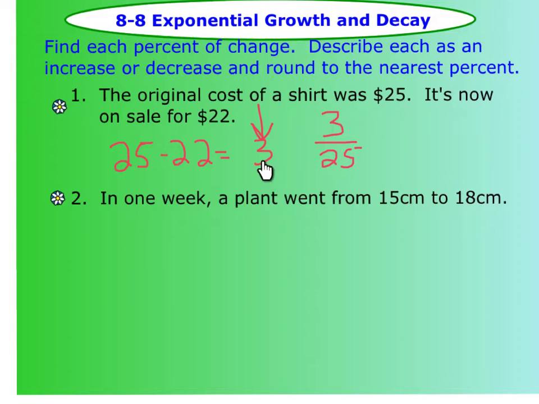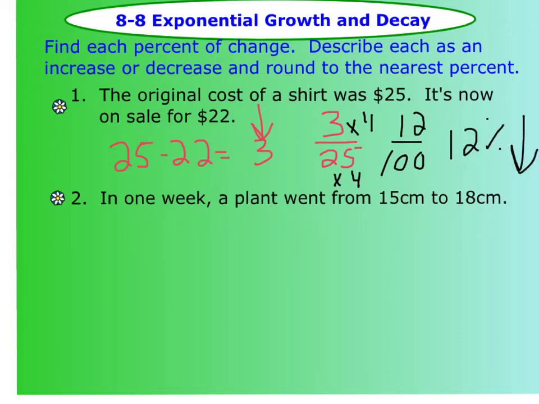And then you take the change and divide it by the original. So 3 over the original, 25. Now we can do a quick shortcut and make this 100 by multiplying by 4. And 4 multiplied by 3 is 12. So it was a 12% change, and it was a decrease, 12% decrease.